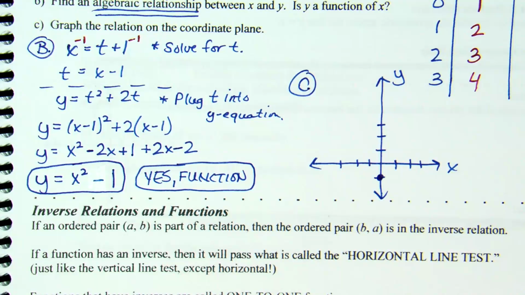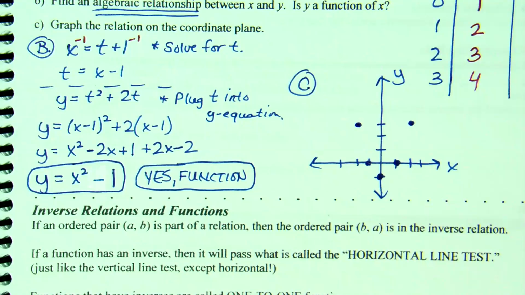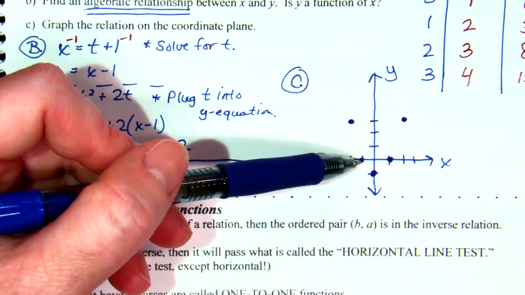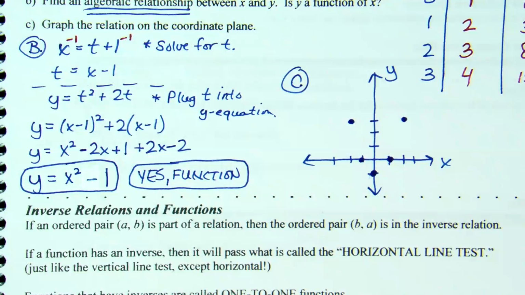If you remember that, you can use that. Or you can plug the values in. So if I go over 1, up 1, over 2, up 4, guess what? I end up at the dots we have in our chart there. I have negative 2, 3, negative 1, 0, 0, negative 1, 1, 0, 2, 3. If you're real industrious, maybe you graphed 3, 8. If you're really, really industrious, maybe you graphed 4, 15.